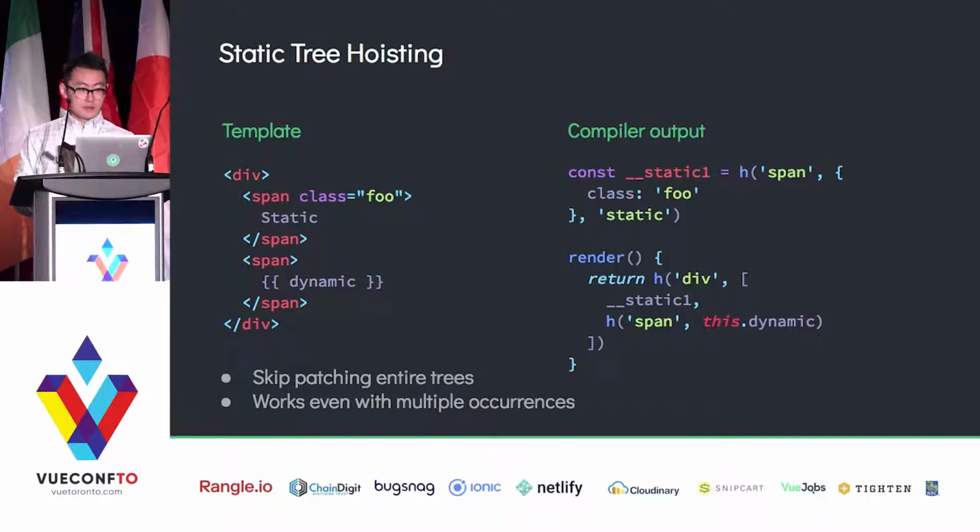And then, if an element has dynamic content inside of it, this means we cannot just hoist the whole tree. However, we can still look at its attributes and see whether it has static attributes. So we notice that for this element, all its attributes are static, only its contents are dynamic. So we can hoist out the properties that we are passing to this virtual node, again, into a constant.